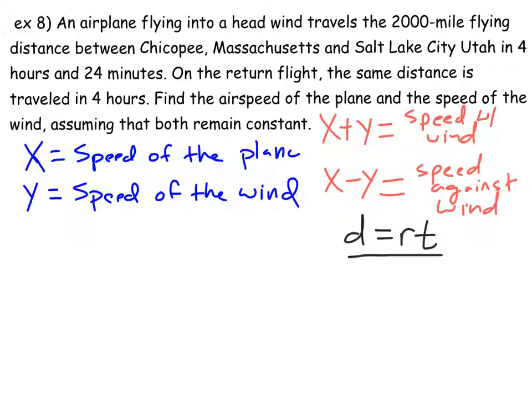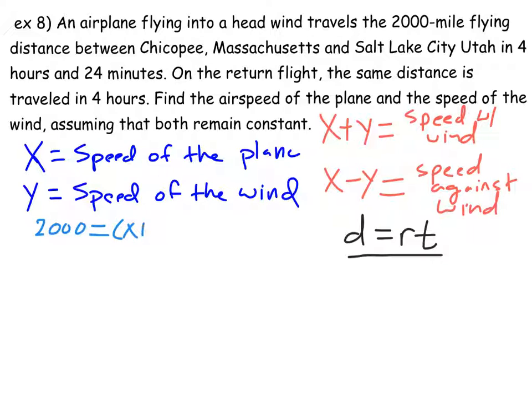Here's how I'd set them up. The distance is fixed for this trip from Salt Lake City to Chicopee, I think, somewhere in Massachusetts. It's 2,000 miles. So here's equation number 1, that 2,000, now I'm going to say x plus y.